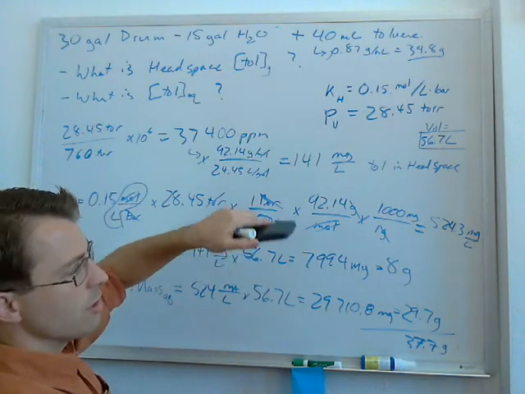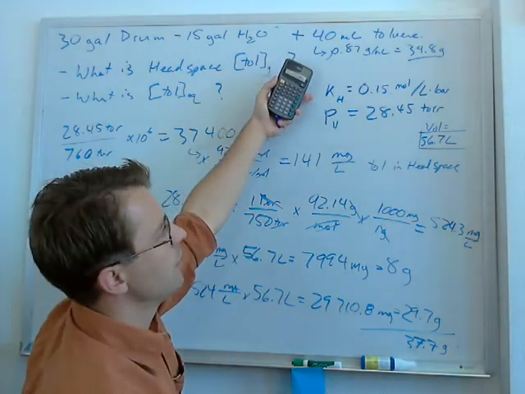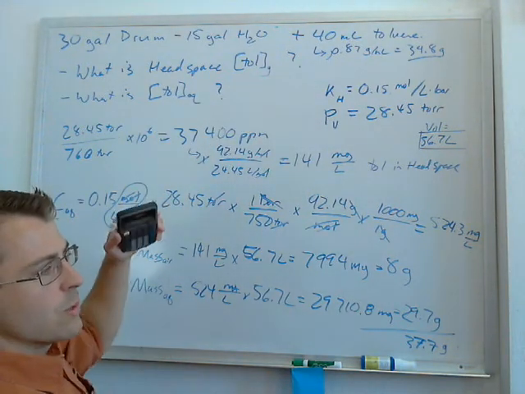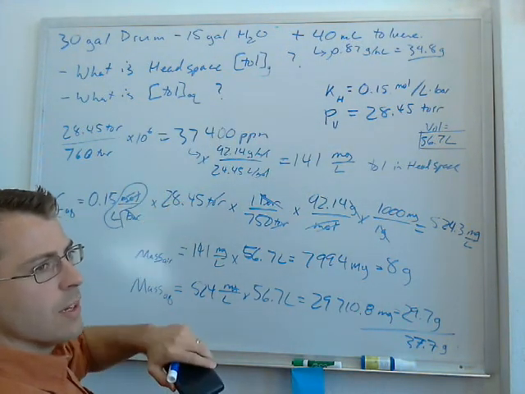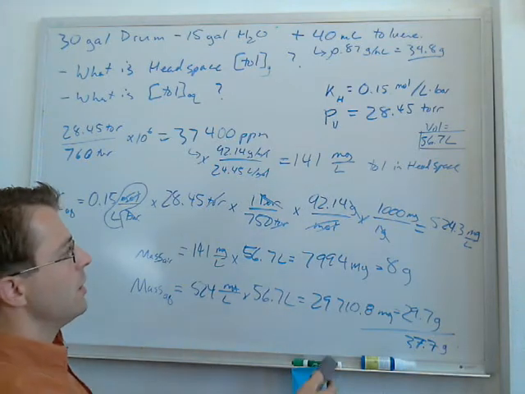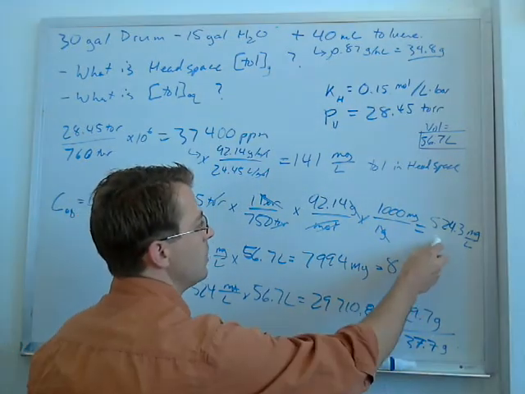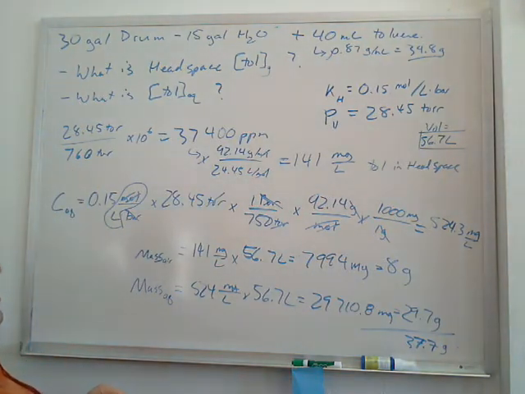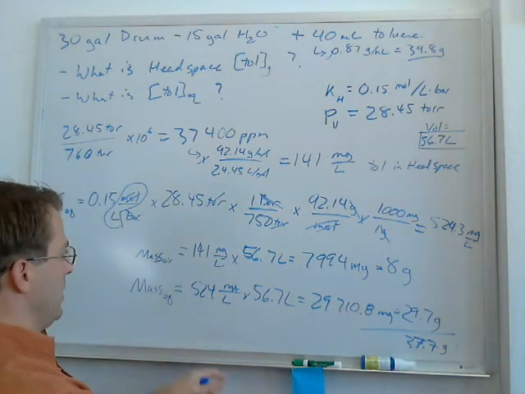But this ratio is the whole principle of the constant. There's going to be a constant ratio between headspace concentration and liquid concentration. And those values are going to be what we've calculated here, the 524 milligrams and the 141. So it's these guys.